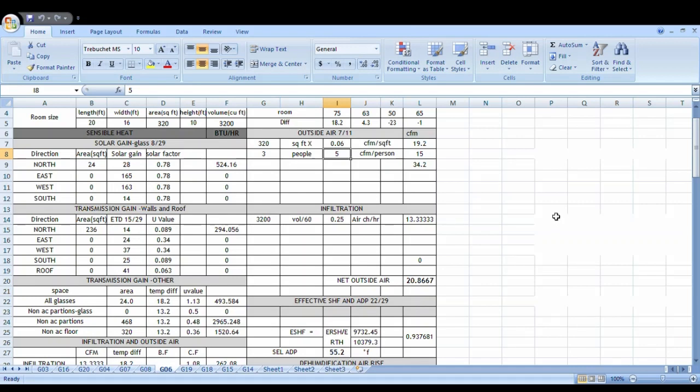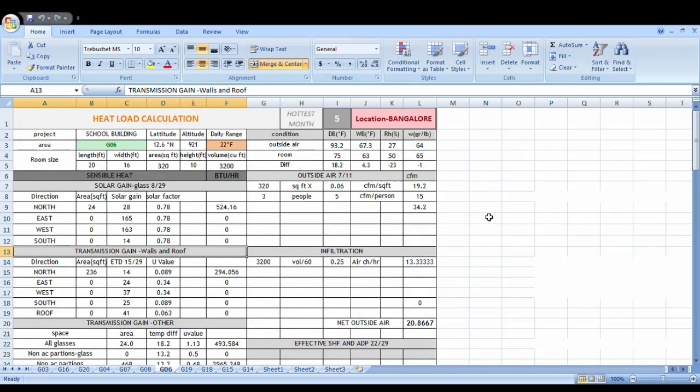Now we will do transmission gain for walls and roof. Our wall is exposed to north direction, so north area. The length of the wall is 20 feet.